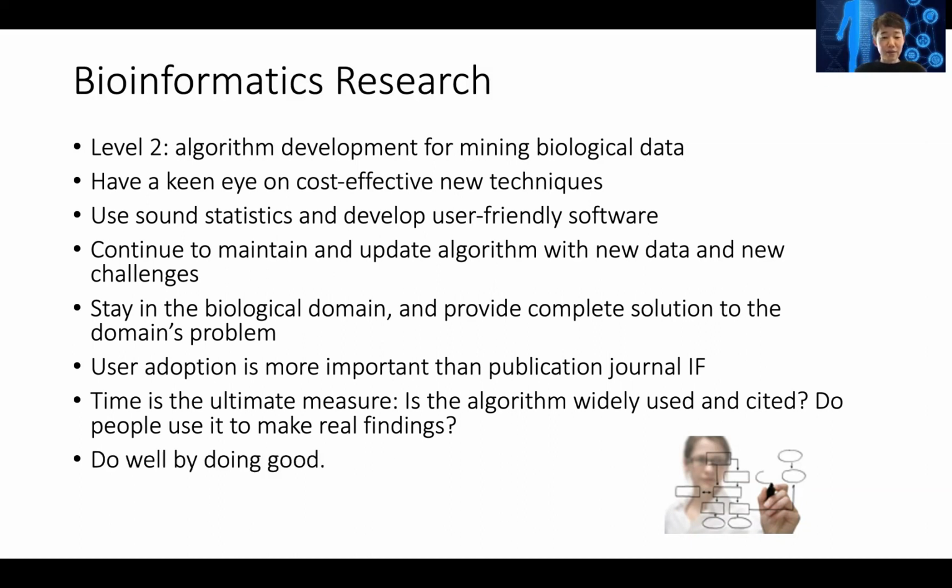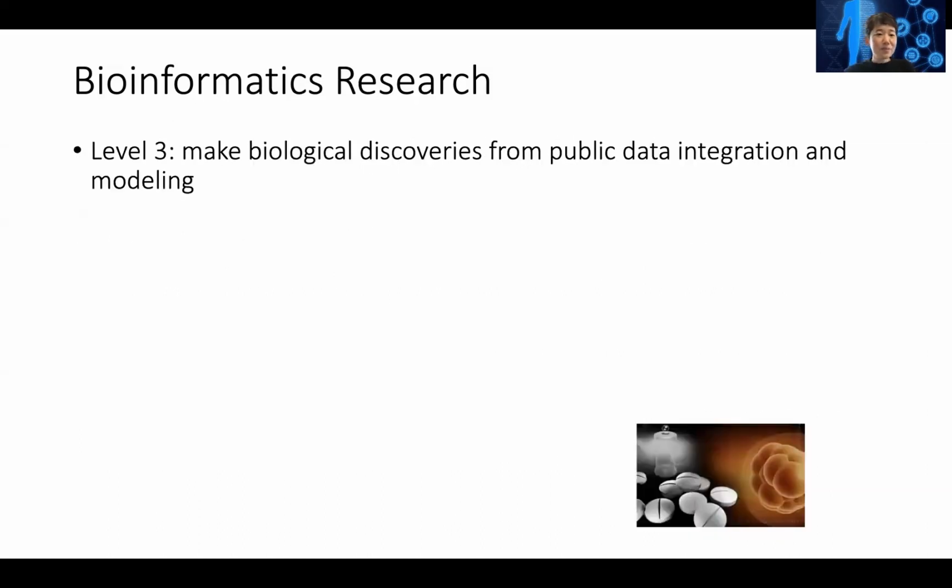That's the key to success. And here, the key is to do well by doing good. When you develop a tool that benefits so many other users, usually this person gets respect from the field and also more research funding to support their methods development.